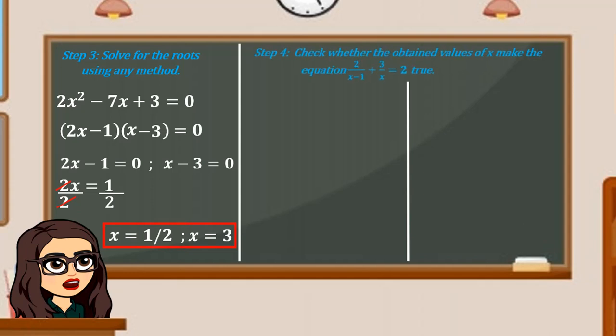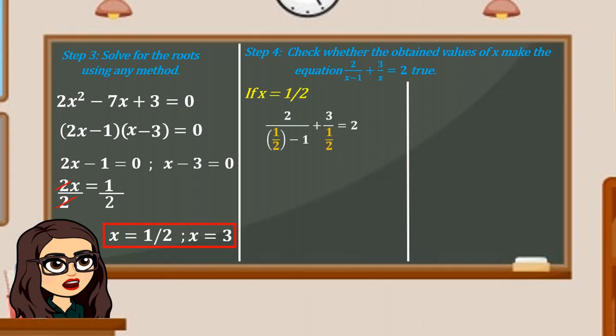Step number 4. Check whether the obtained values of x make the original equation true. So the first obtained value is 1/2. Substitute 1/2 to the variable x in the original equation. So we have 2 over 1/2 minus 1 plus 3 over 1/2 equals 2. For 1/2 minus 1, the answer is negative 1/2.